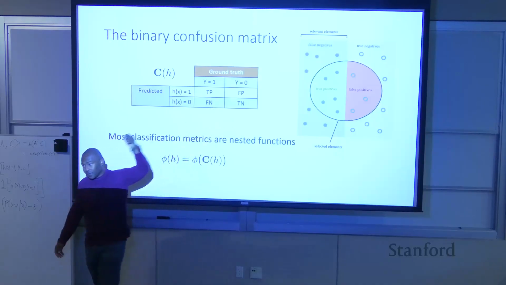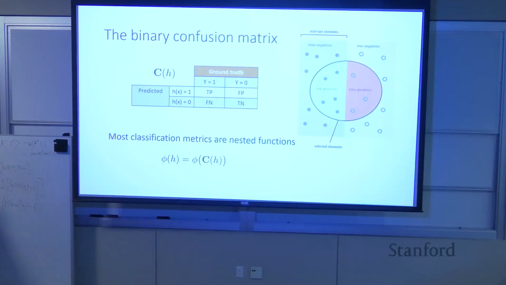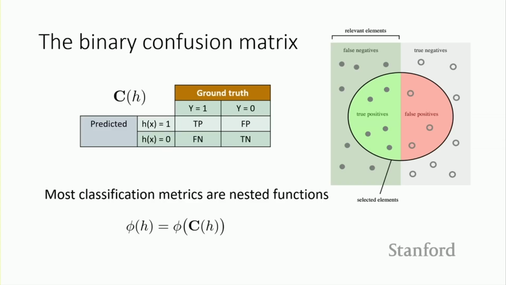So they're only 2 degrees of freedom of actual flexibility that the classifier has in this setting. It can adjust the 4 numbers, but if I have 2 numbers, I can always work out the other 2.